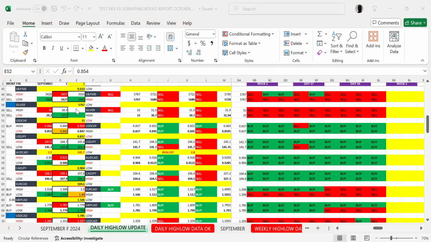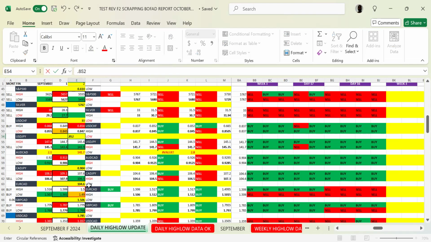Okay, the next product is USD CHF. That one has 3 moves: 0.852, 0.84, and 0.861. At 0.852, let's see the movement of the market. You can see at 0.852, it's been a sell, but gradually getting back to a buy.